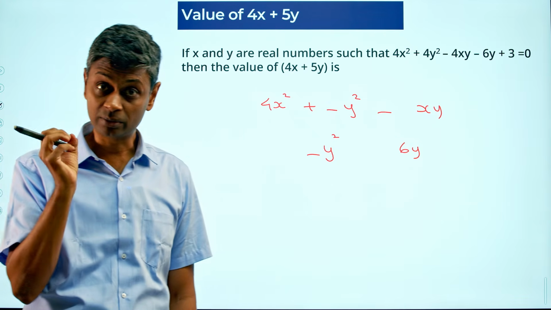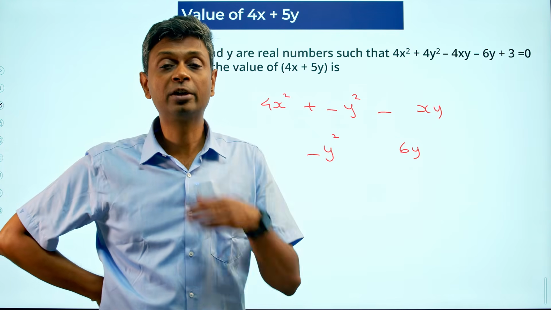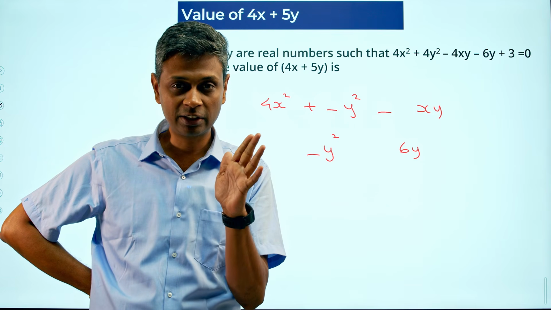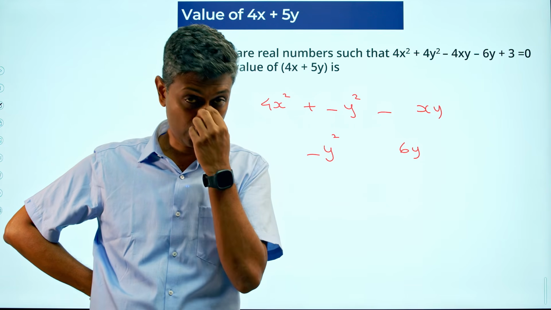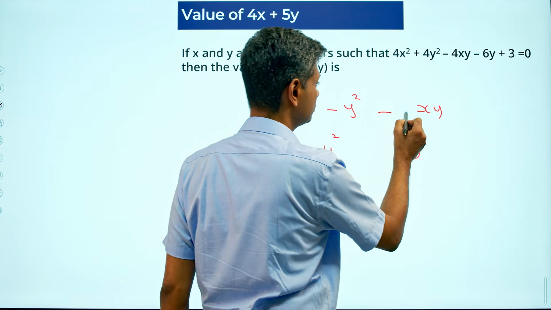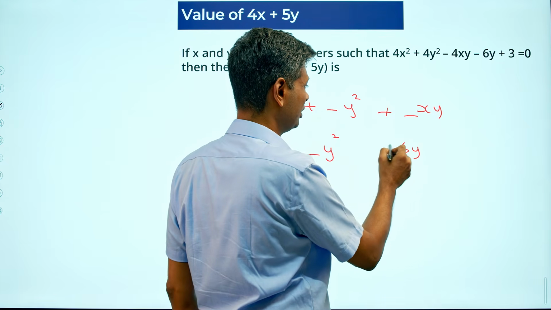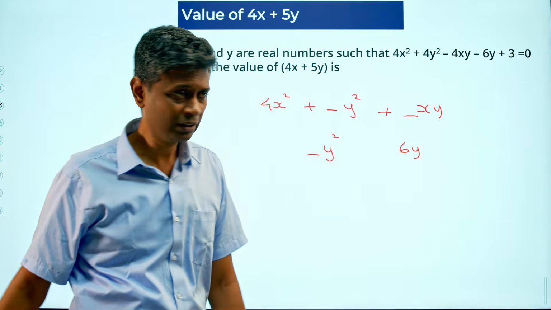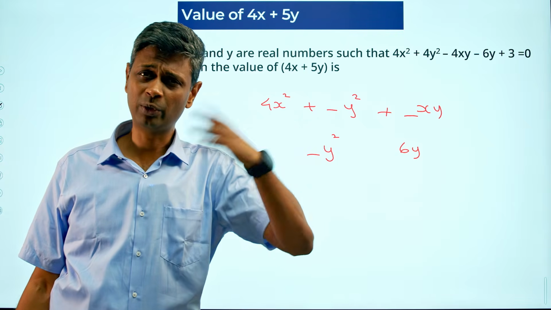There's no x term, so there's nothing in the form of x plus 4 whole square or 2x minus 3 whole square. x comes as some x plus y the whole square, giving us the xy term, plus or minus, doesn't matter. There is a y square and a 6y term. The numerical part doesn't matter, we'll worry about that later. Fine.